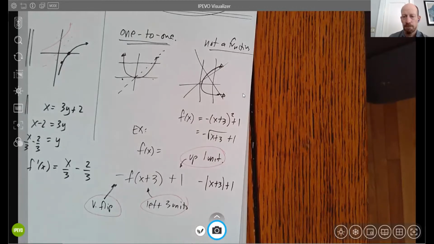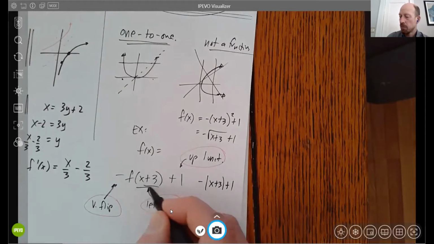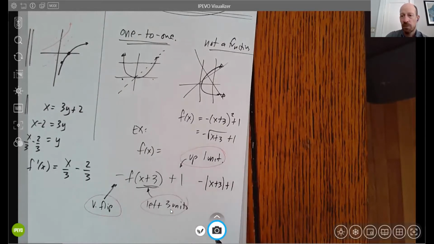Okay. If I've moved to the left, it's because now it's negative. The left 3 units, yes, that's because it's x plus 3. Okay. So remember, the plus on the inside always moves it to the left.